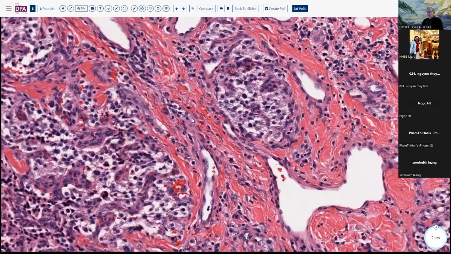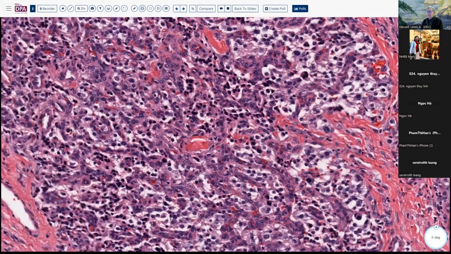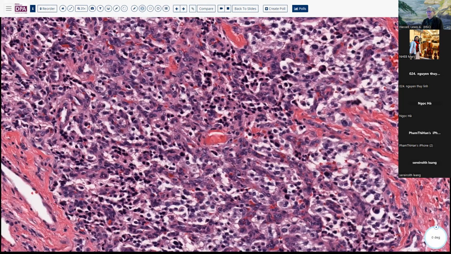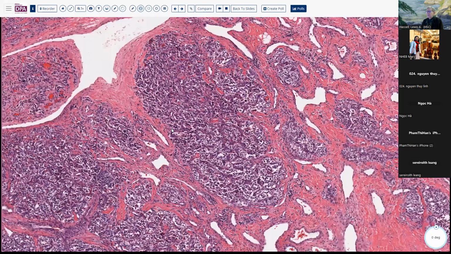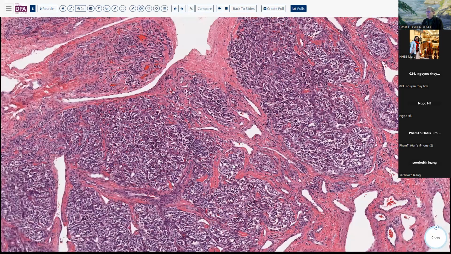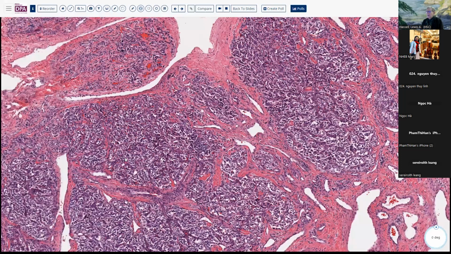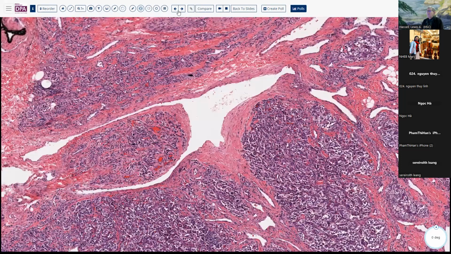Less nuclear variability, but there's still some. And very, very vascular. So I think you can see how sometimes this might resemble the hyalinizing trabecular tumor or medullary carcinomas or other things that we've just touched on already.